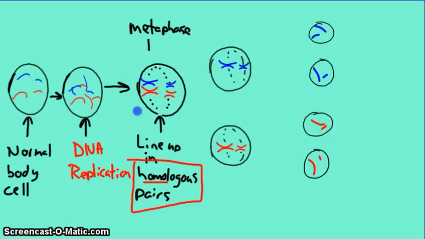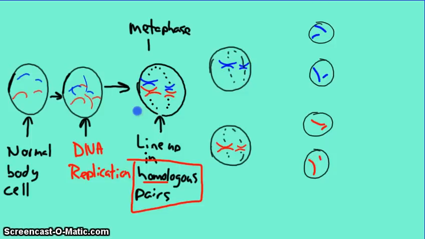Okay? It would not be appropriate for these chromosomes to line up like this, for example. Those are not in homologous pairs. Okay? The color does not tell us anything. So homologous pairs only exist when the long and the short are paired up together, or the long is paired with long and short is paired with short.